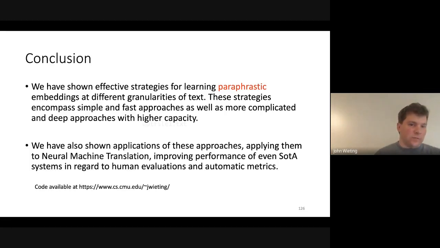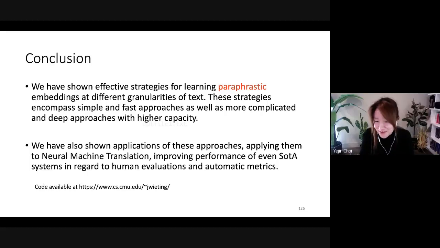The STS thing is more about how we were representing the composition of language, and we chose it because it was convenient, but it caught on too, so a lot of people have been doing it. I agree, better evaluations would be very useful, especially for paraphrasing. The paraphrasing literature is kind of a minefield of people doing different things, and it's hard to compare. Any other question from the audience?